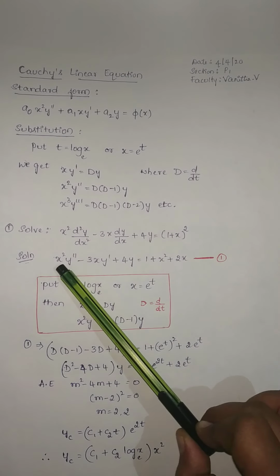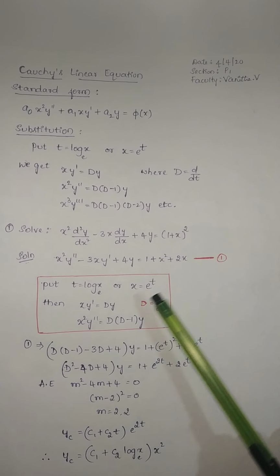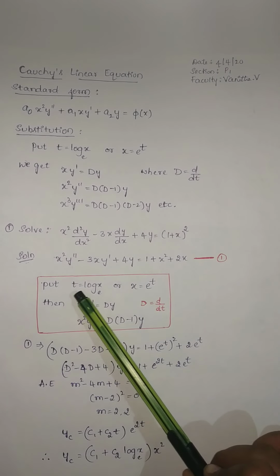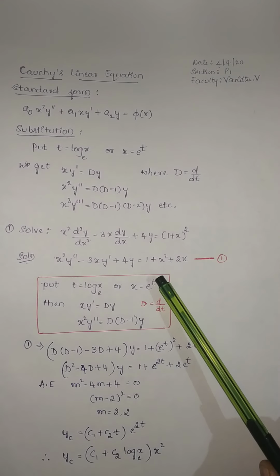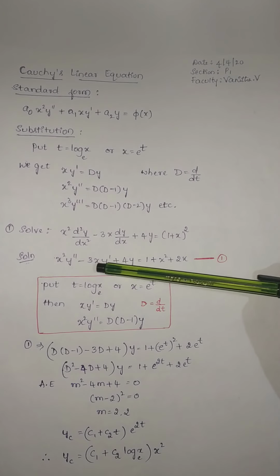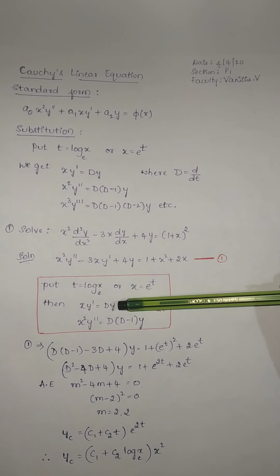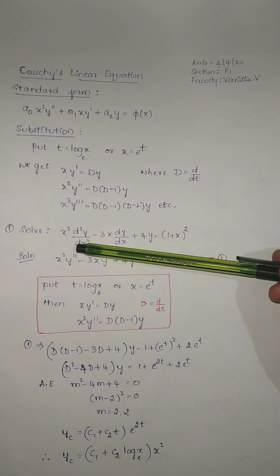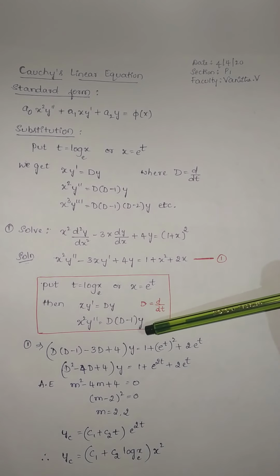This is a Cauchy's linear equation, and for that you will use the substitution t = log x to the base e, or x = e^t. In the given equation, x y' is there, so you write x y' = Dy, and x² y'' is written as D(D − 1)y.